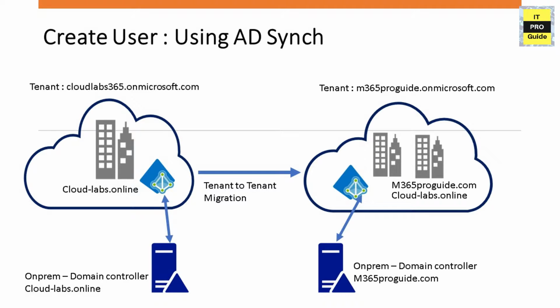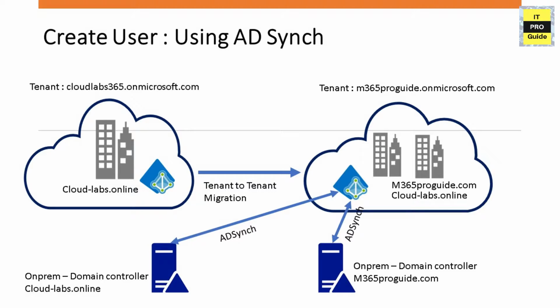When you set up Office 365, you have different choices. You can use Azure AD to manage your users, or you can synchronize your on-premises Active Directory with Azure AD so that your user management will be done on the on-premises Active Directory.